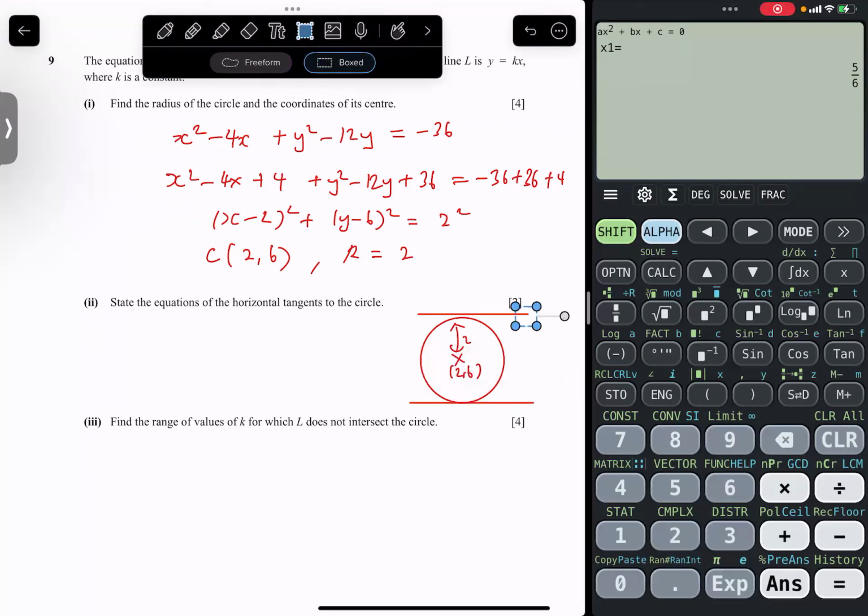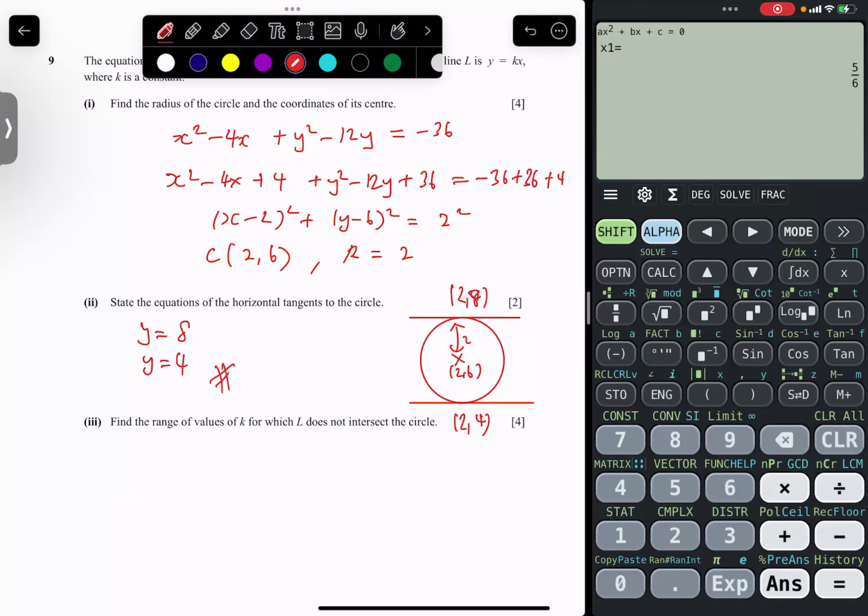Horizontally, this will be at the point (2, 4), and this is (2, 8). So the horizontal tangents are y equals 8 and y equals 4. Now, find the range of values of k for which the line L does not intersect the circle.